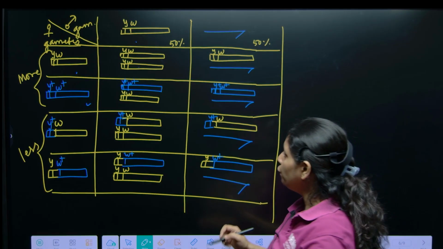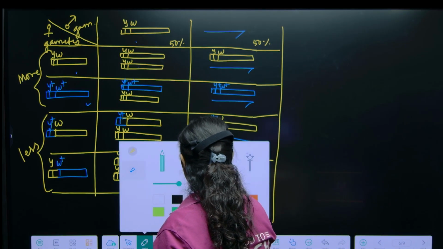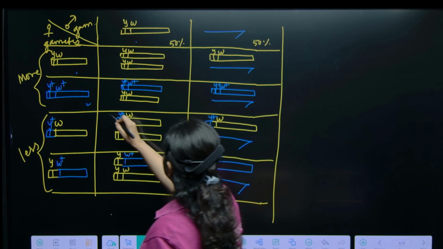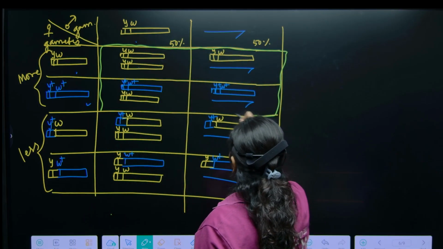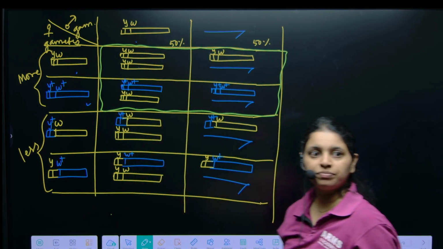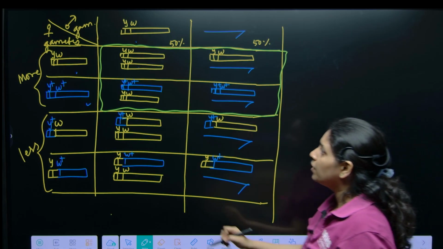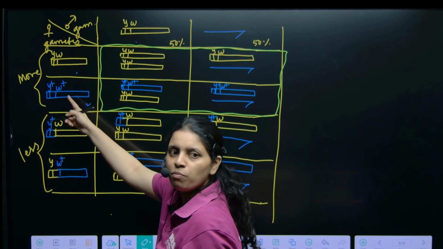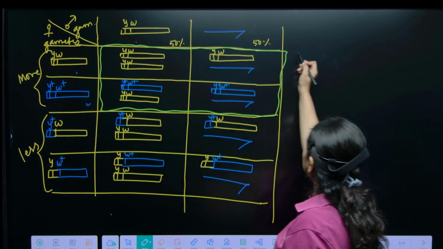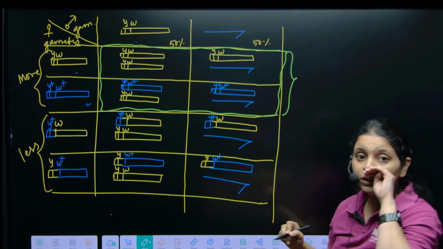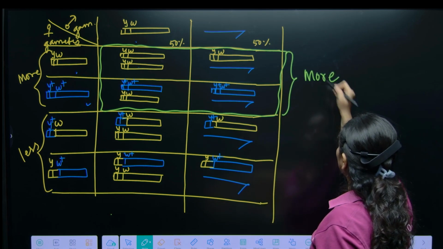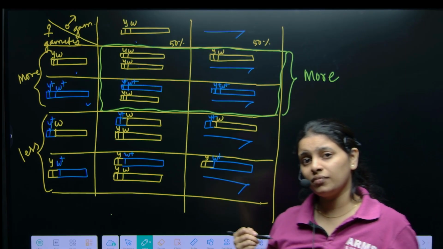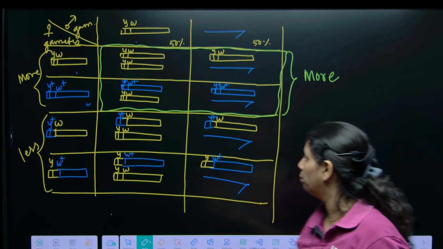Okay. So if you look at these offspring here, these offspring, four. What can we see? As these two female gametes will be more, these four types of offspring will also be of more frequency. More number.